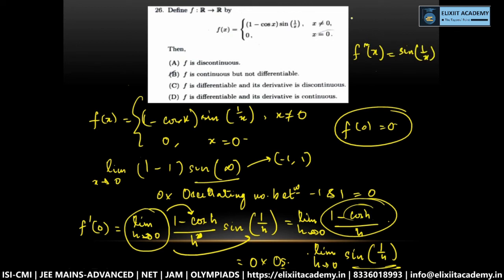First simplify fx, this is sine 1 upon x minus sine 1 upon x into sine 1 upon x into cos x. Then differentiate this and check whether it is continuous or not. You will find this to be discontinuous. In that case, C is the right answer.